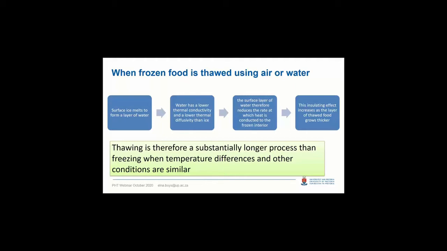This insulating effect increases as the layer of thawed food grows thicker. In contrast, during freezing, the increase in thickness of ice causes heat transfer to accelerate because of the higher thermal conductivity of the ice. Thawing is therefore a substantially longer process than freezing when the temperature differences and conditions are similar.